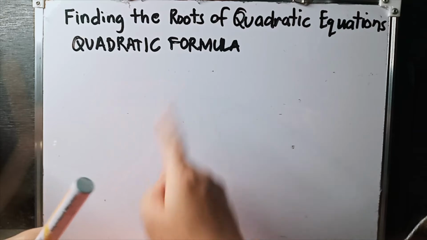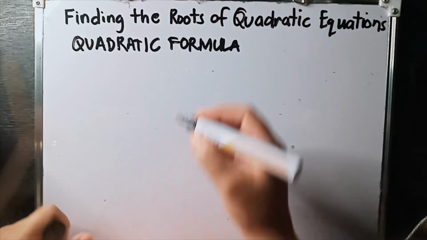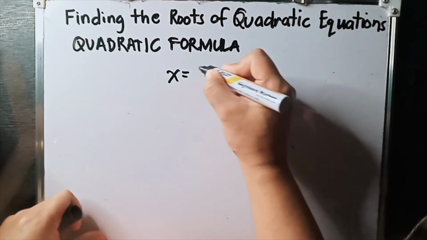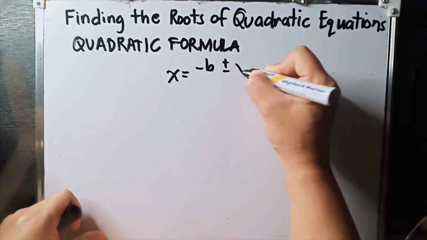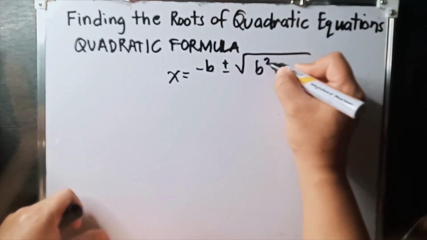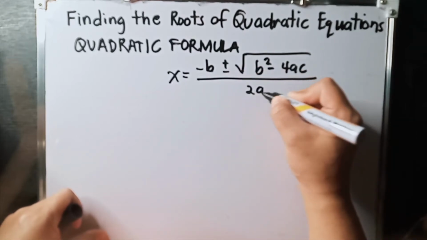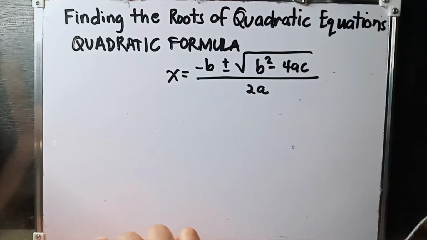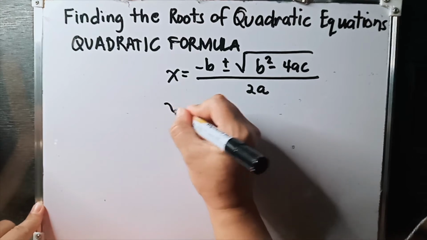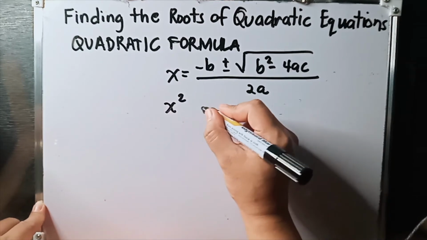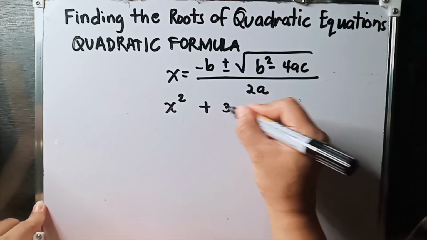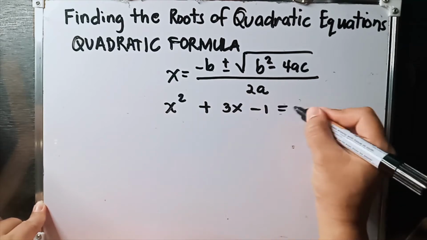Let us try to determine first the quadratic formula, which is x equals negative b plus minus the square root of b squared minus 4ac all over 2a. And then, we are going to solve for the roots of x squared plus 3x minus 1 equals 0.